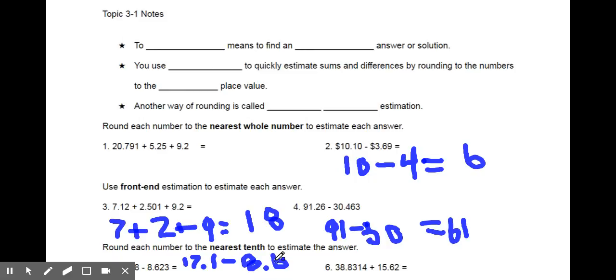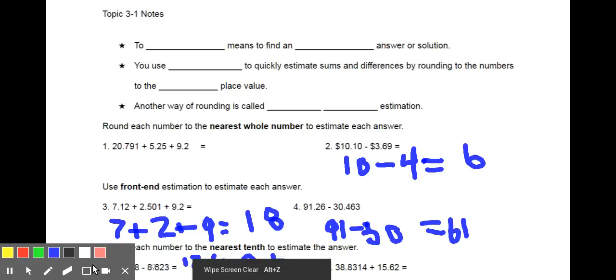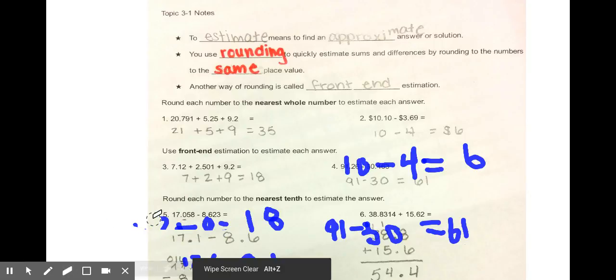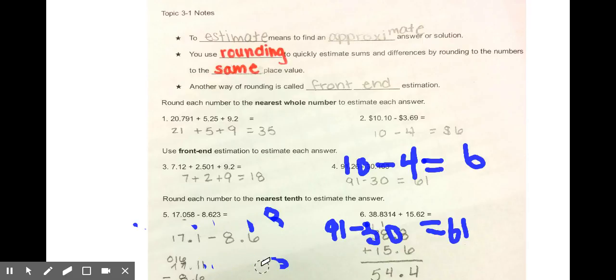Okay, so when you set that up, 17.1 minus 8.6, let me move to the next slide. You can't really see it on this either, but 17.1 minus 8.6 is what we're going to be doing tomorrow.